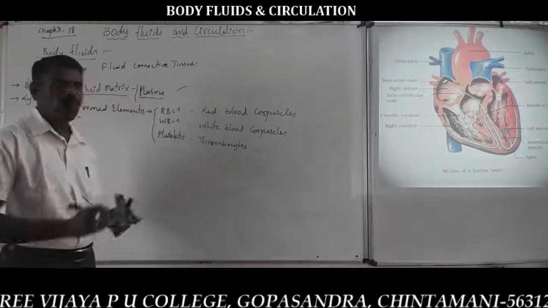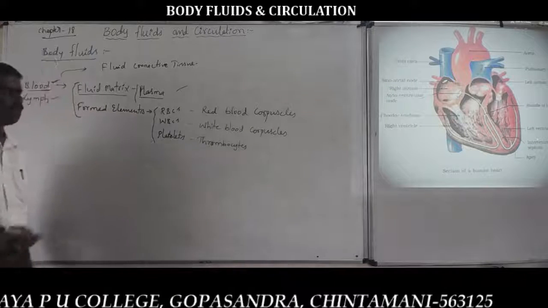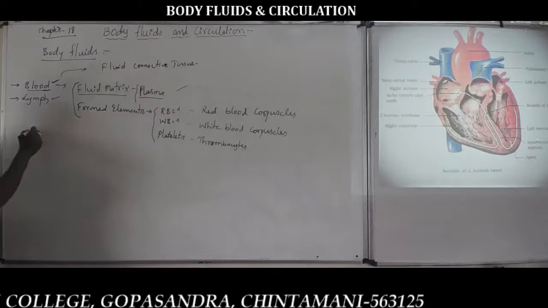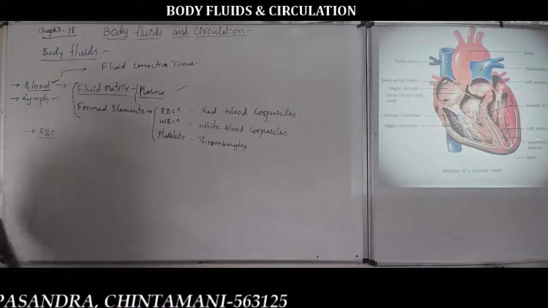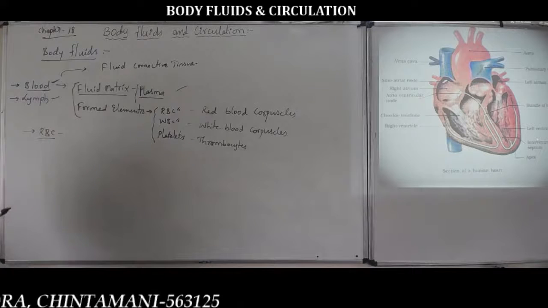These are the formed elements. We will discuss them one by one. First, we discuss RBC, that is red blood corpuscles.